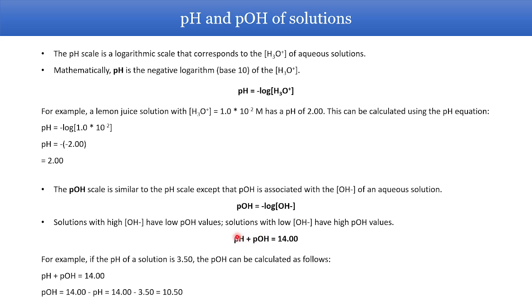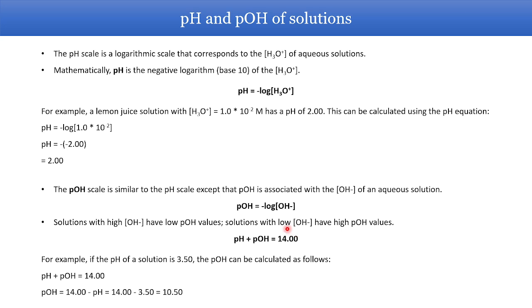The multiplication of these two concentrations gives you the water dissociation constant value, or Kw, that is 10 to the power minus 14. So minus log to the base 10 of 10 to the power minus 14 is basically 14. So the summation of the pH and the pOH will always be 14, and that is the general equation that you need to keep in mind.